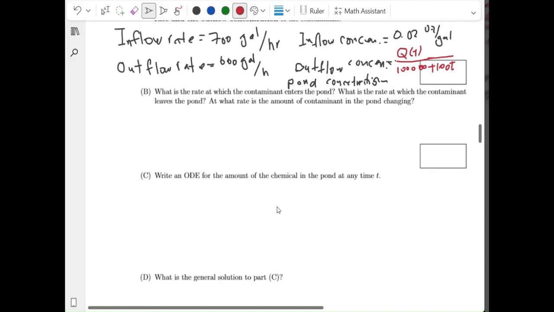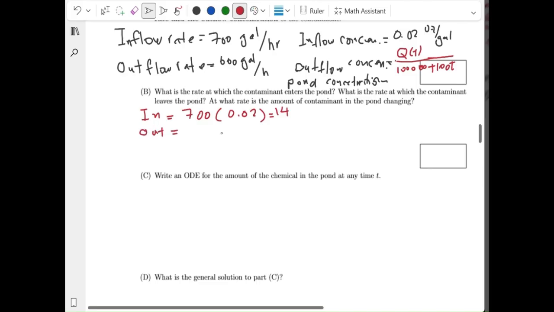The next part is asking what is the rate at which the contaminant enters the pond, what is the rate that it leaves the pond, at what rate is the contaminant in the pond changing. So In is going to be equal to the inflow rate times the concentration In, which is going to be 14.